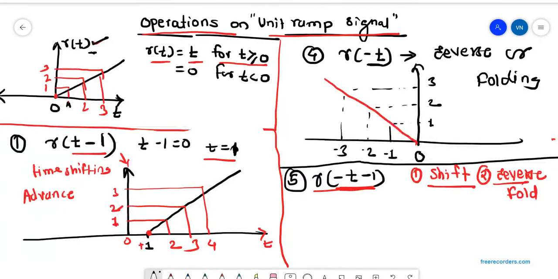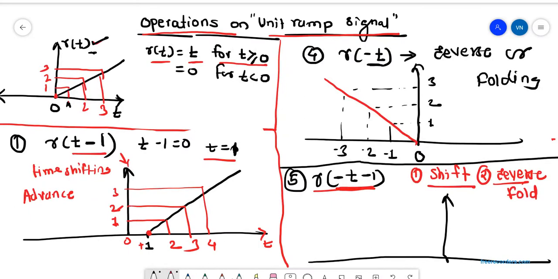So how can we write this? Already the t minus 1 signal is present here. So I just have to draw minus t, so I have to reverse that signal. See here, how I have to reverse that signal, how we can write a folded or reversed signal.